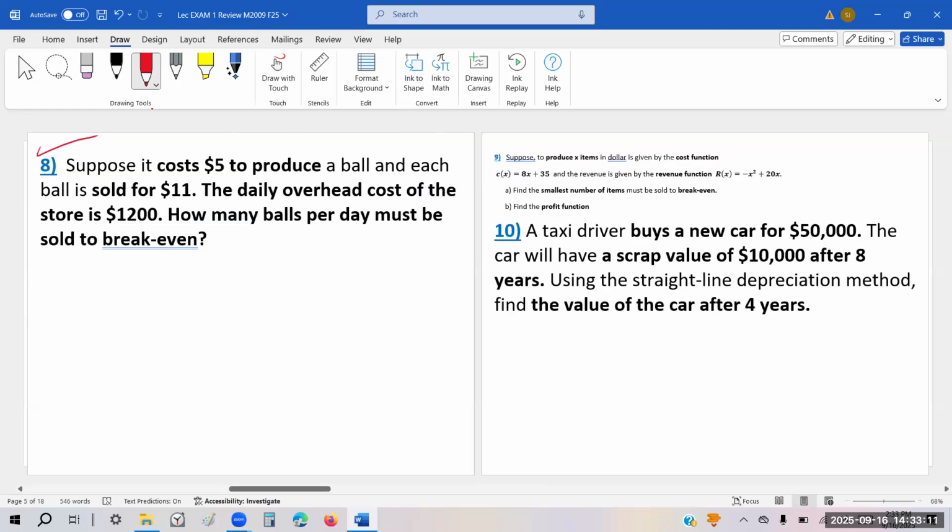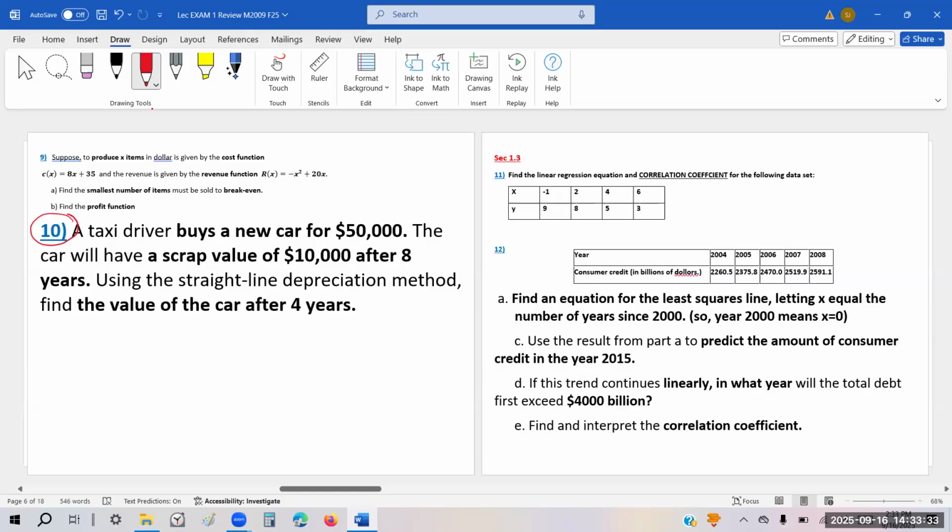And then one more question, depreciation, something like question number 10. Same steps: find y equals mx plus b, where m has to be negative because of depreciation.